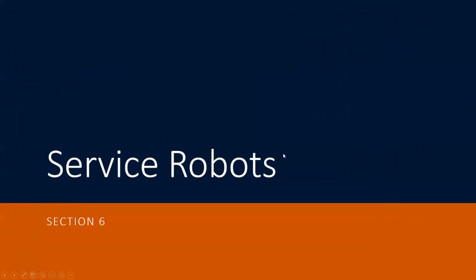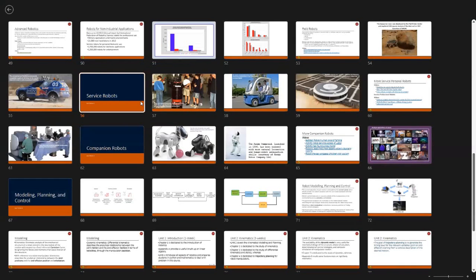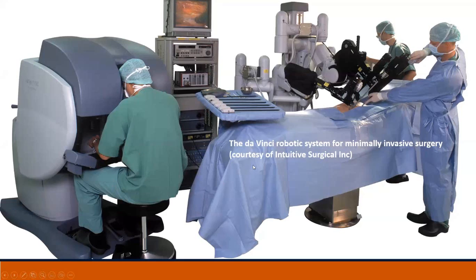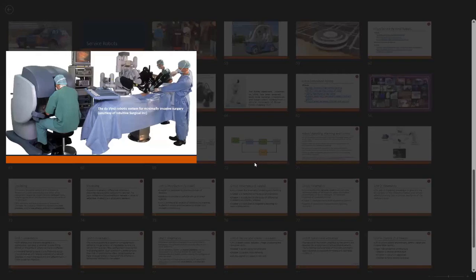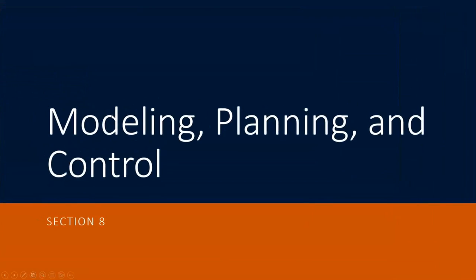Then service robot. The previous lecture basically classified robots by the manipulator, and right here we classify robots by functionality. Companion robot, different robots. So these are the different robots by their function, and then we look into the modeling, planning and control of the robot. And this is the theme of this course. That's what we want to learn.